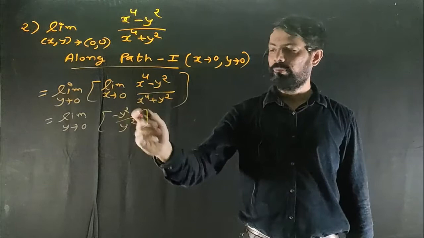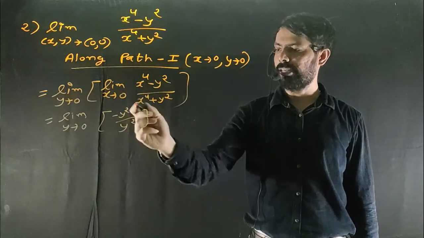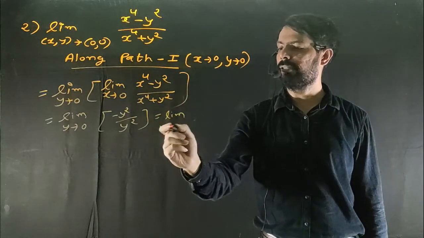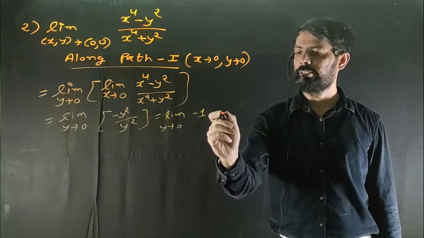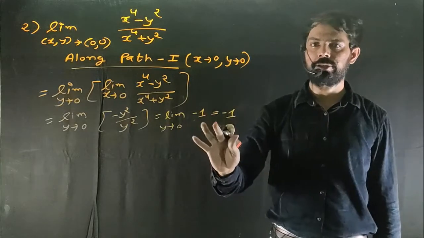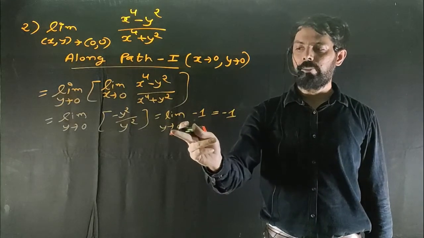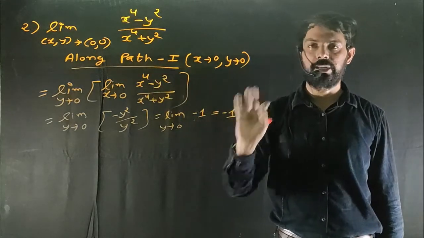Simplifying this bracket, y square cancels out, so it will be minus 1. Because here there is no y, we cannot replace y by 0. So the limit along path 1 is minus 1.